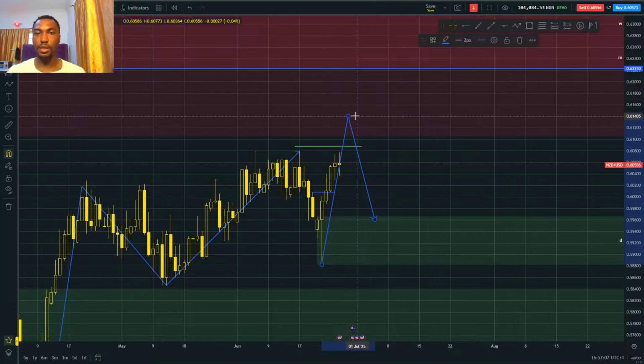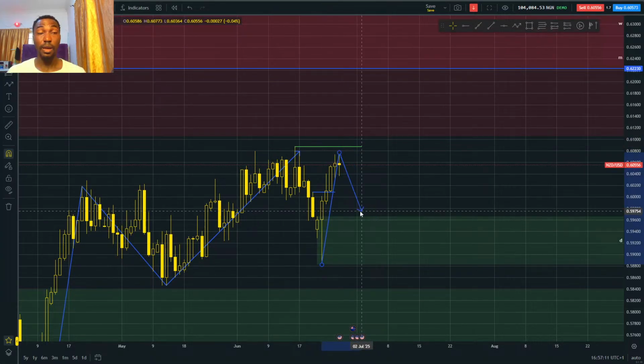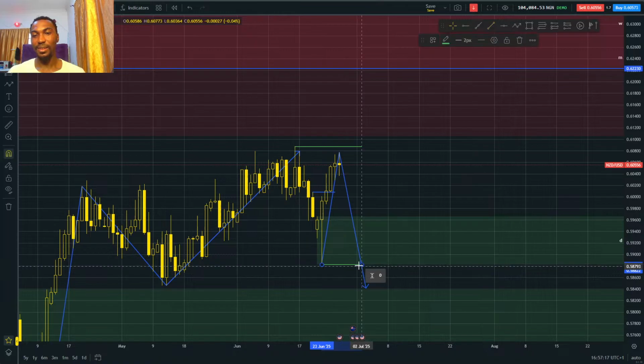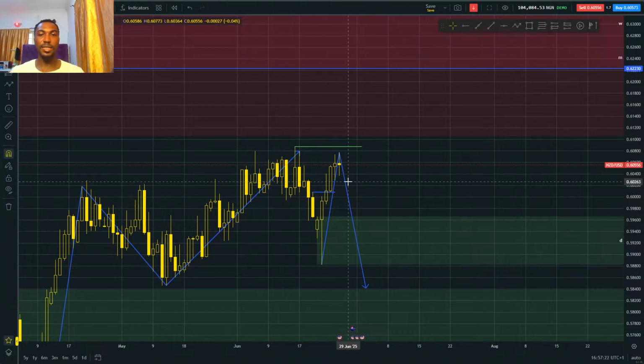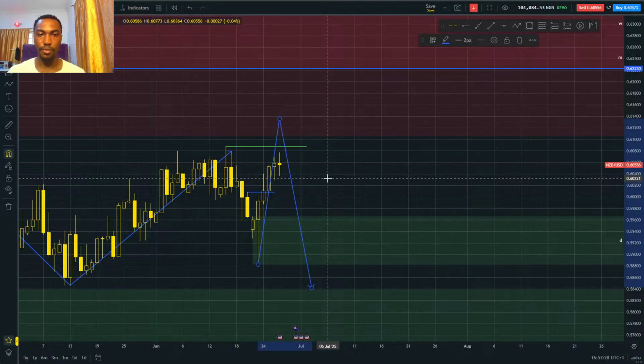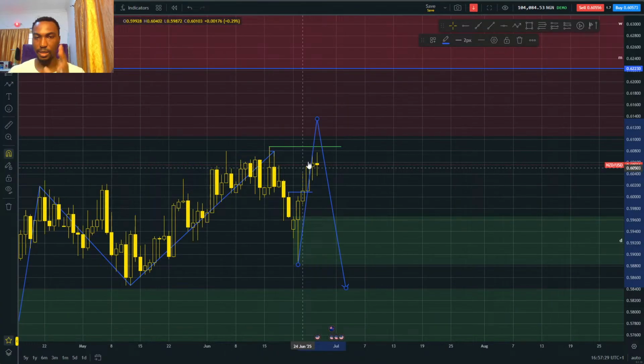So if price doesn't do this and starts coming back here, personally, I'm hoping for this to happen. And this will become taken out. So on the daily, it's quite there, but you don't want to trade yet. You want it to tear above first, like really tear above first before you can attempt.